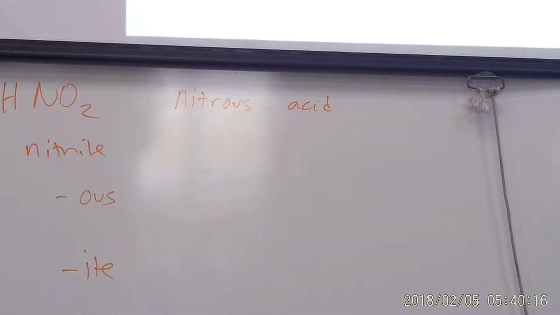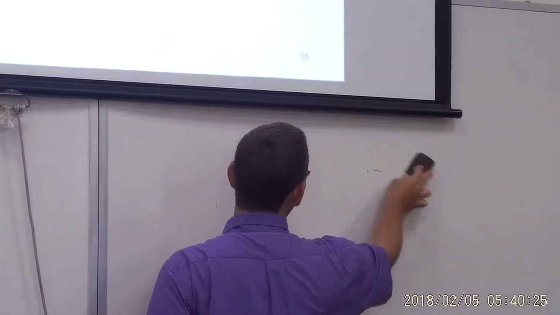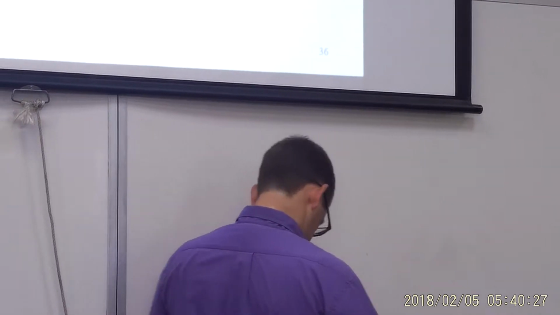When we talk about a weak acid or a weak electrolyte, it means it only dissociates partially. And when we say partially, it depends because there's different kinds of weak acids.